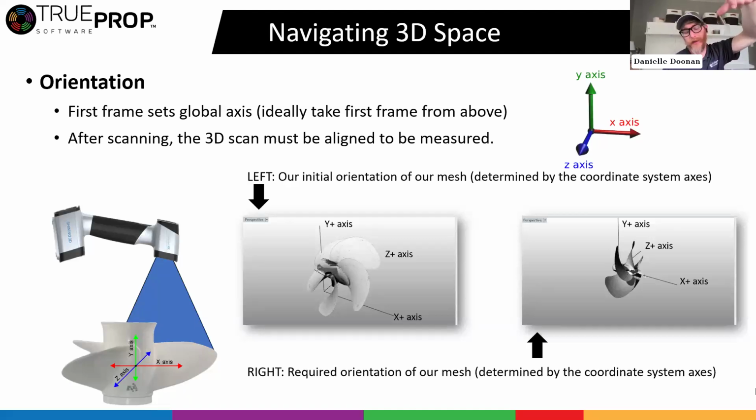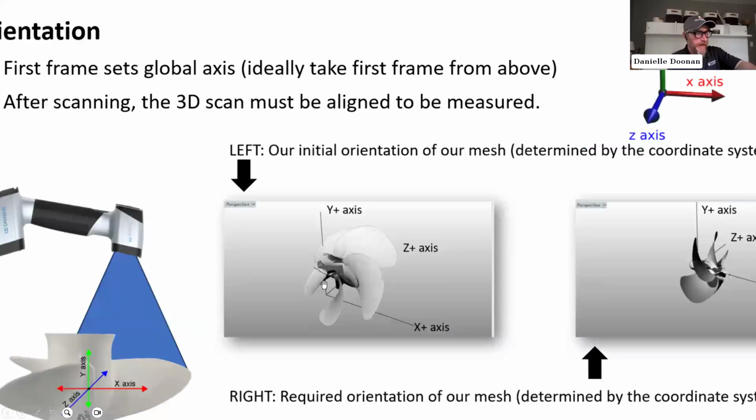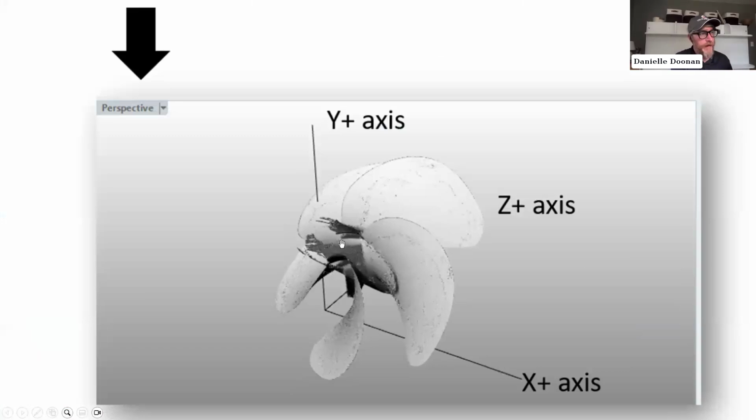I mean, ideally, you'd shoot above it and shoot it perfectly down the axis. You can't do it visually. The other thing is that the scanner camera doesn't shoot completely straight. It's really hard sometimes. So generally what you get is an output that's just kind of floating around in space. Like here's the coordinate system, and this is just out there.